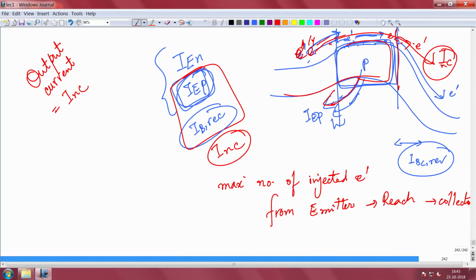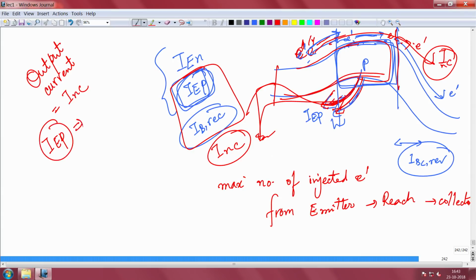And these back injected holes also contribute a large current, and this will come out from the emitter contact here. If you make a contact, this will come out. This IEP, these back injected holes, when I say back injected, this is basically a PN junction. The P will inject holes this side, you remember that from the PN junction, yes. So this component does not contribute to the output current, to INC. INC is the output current.